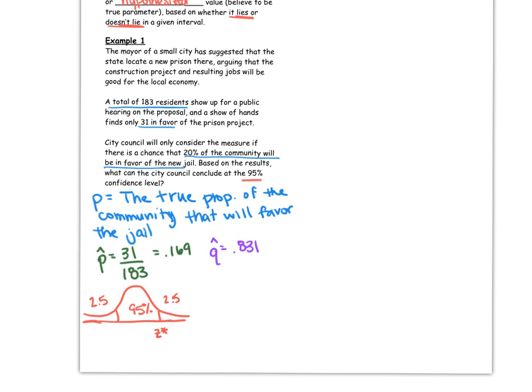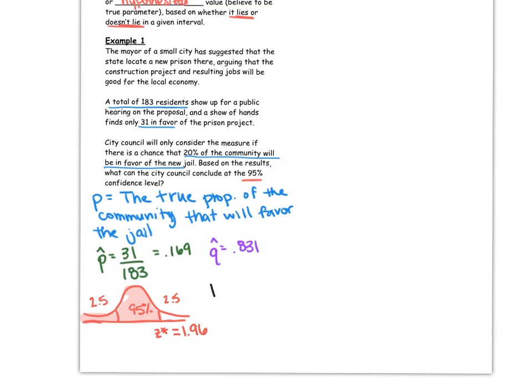We're calculating the area up to this value right here, so it's 95 plus 2.5, and we do inverse norm in our calculator: second, vars, inverse norm, 0.975. Which gives me a Z star of 1.96.